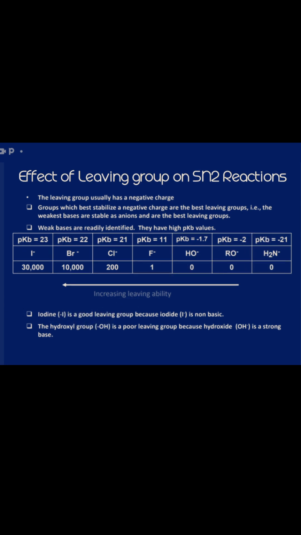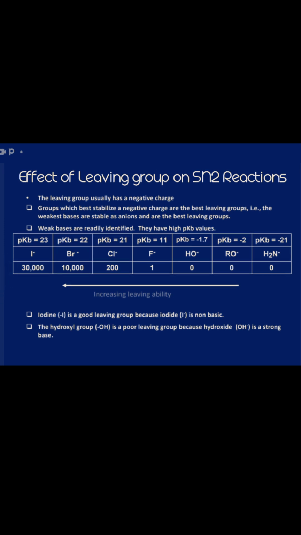That is the pKb value of these leaving groups.